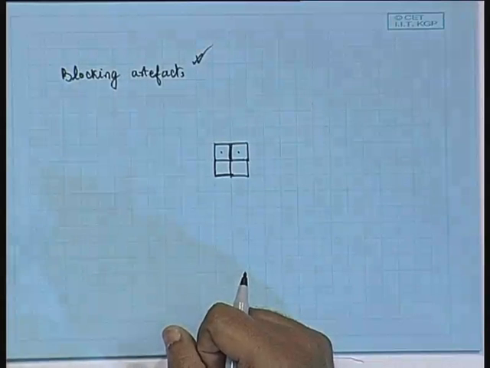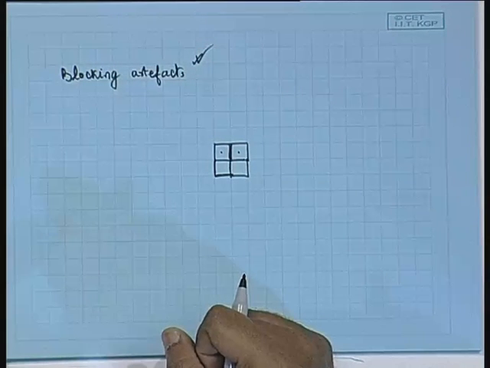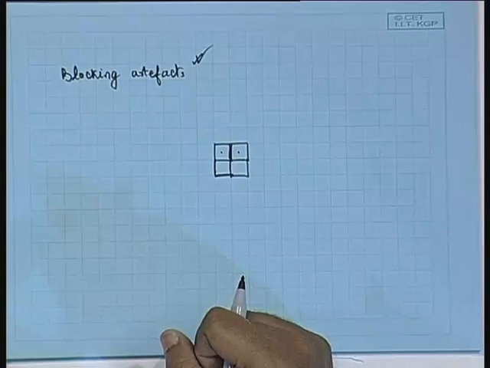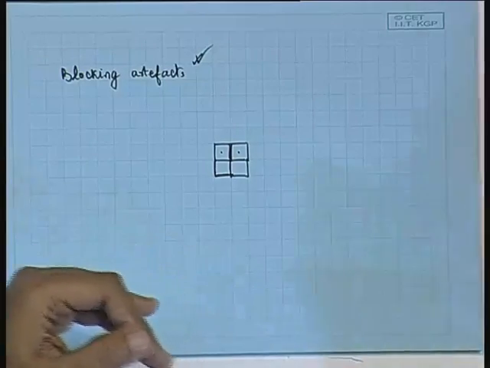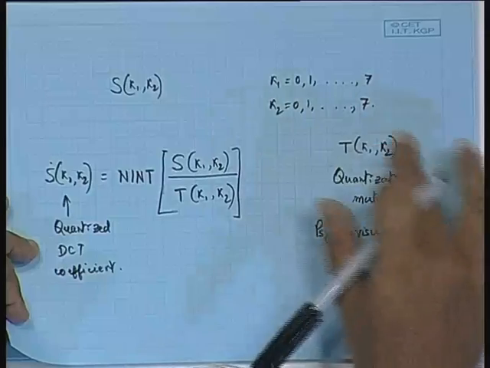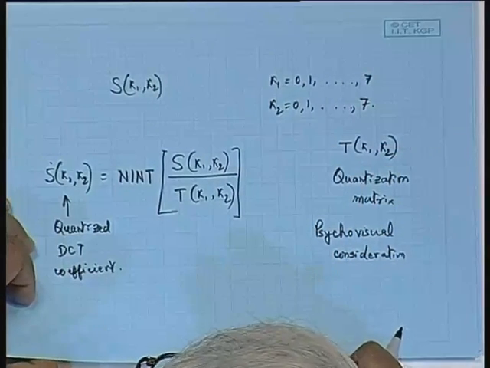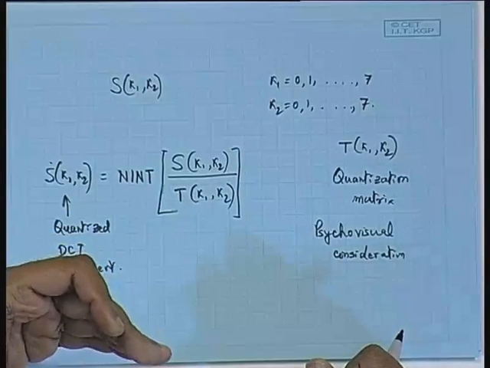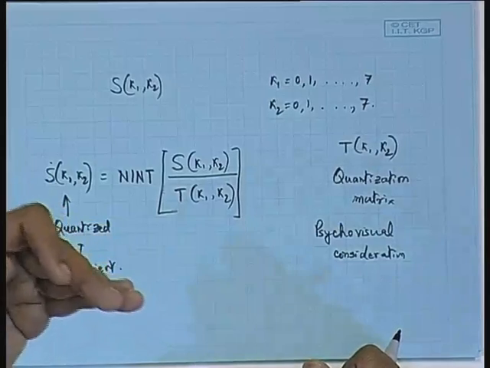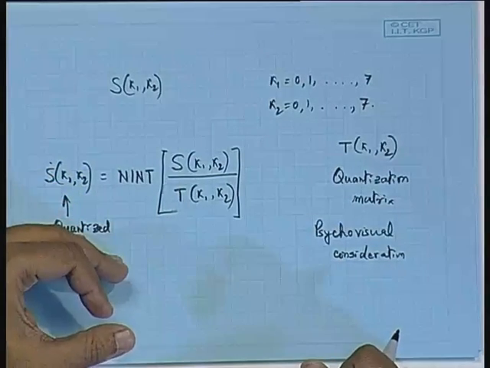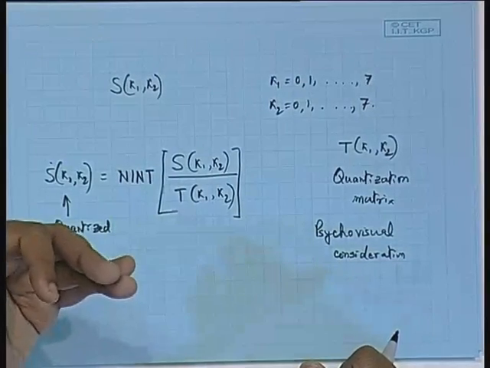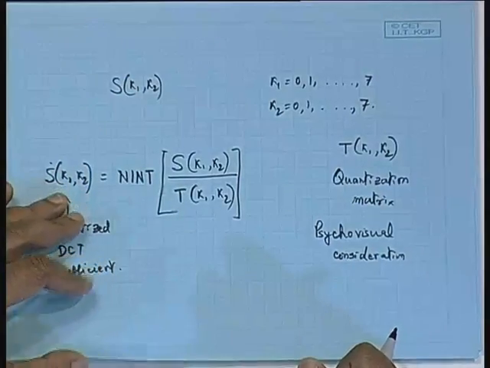Again, another phenomenon which happens is that, after all, you are truncating the high frequency components, because if you look at the composition of this T K1 K2 matrix, you will find that, from the psychovisual experiments, it is found that our eyes are more sensitive to low spatial frequencies as compared to high spatial frequencies.